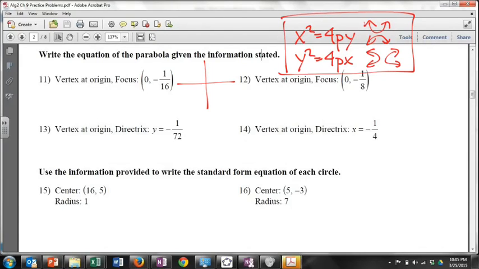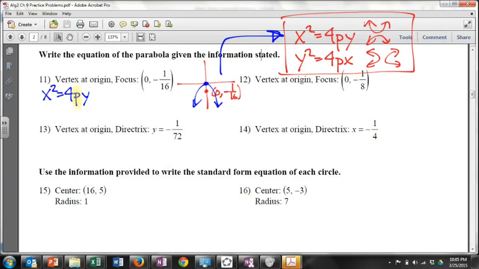I'm going to plot these points, 0, comma, -1/16. So this tells me that my parabola, which has a vertex at the origin, is going to go down. That's going to then dictate the x squared version. So x squared is equal to 4py. I now need to figure out what p is.